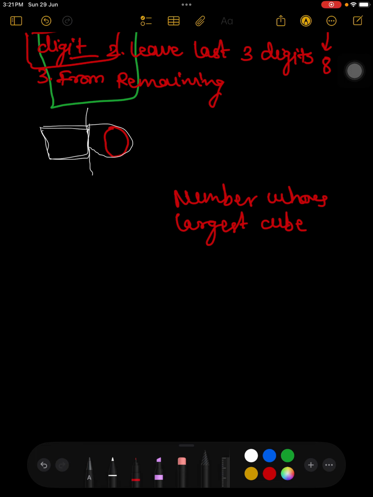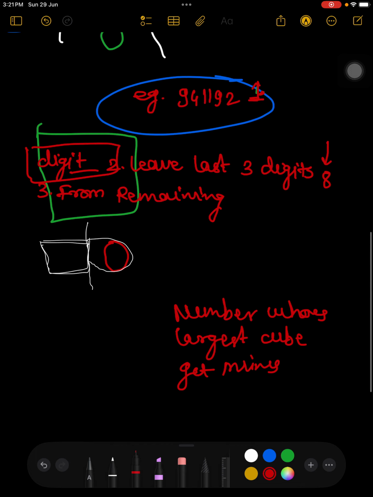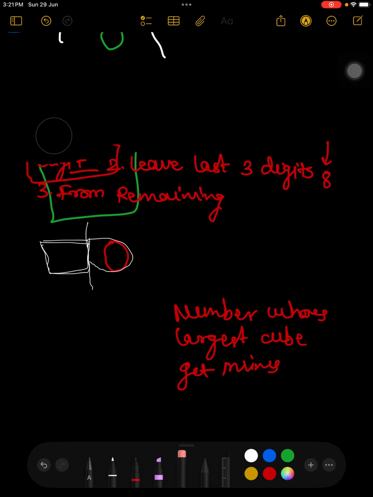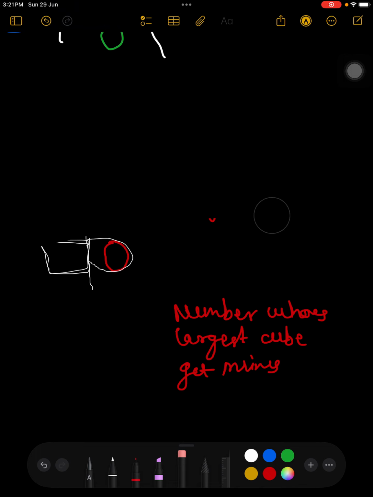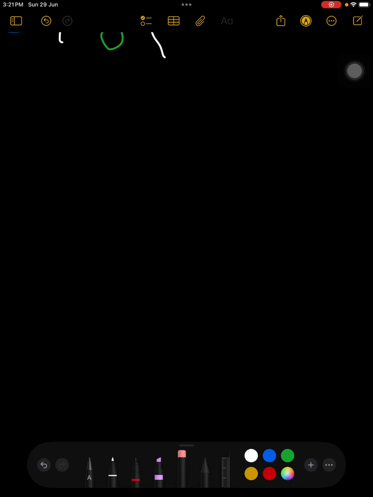Taking the number again, 941192, the first step says see the last digit, which is 2, and its pair is 8.